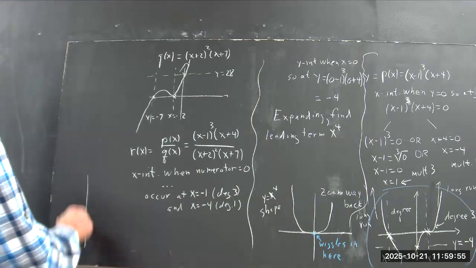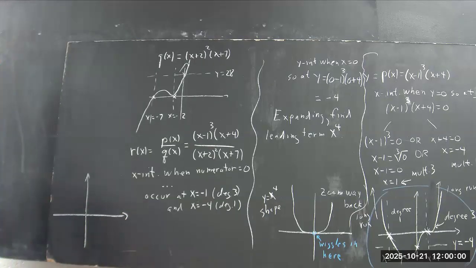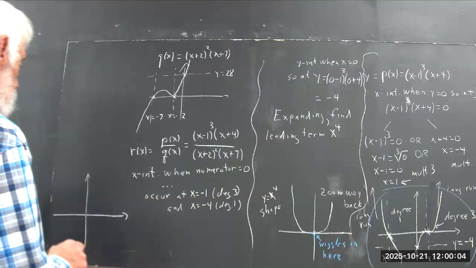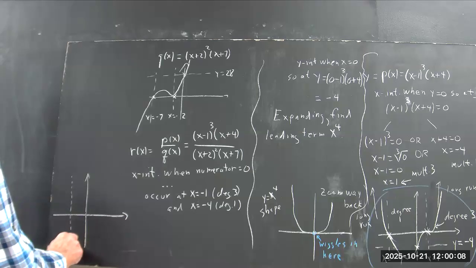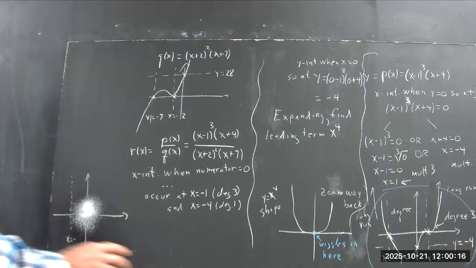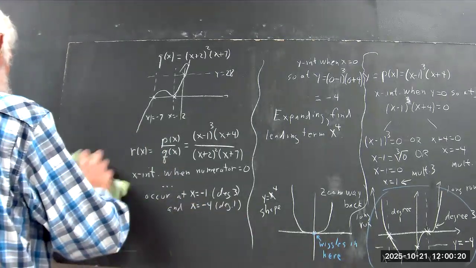So if we're drawing our graph, I need to draw this graph a little further to the right, because we want to be able to see what happens to the left of x equals -7.